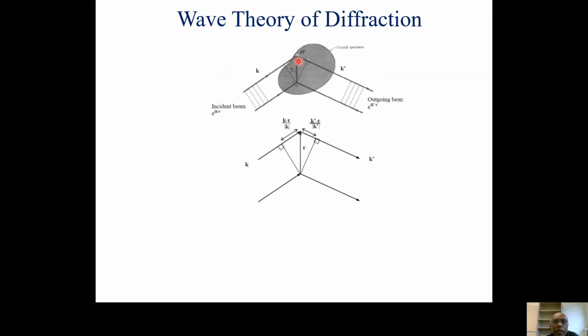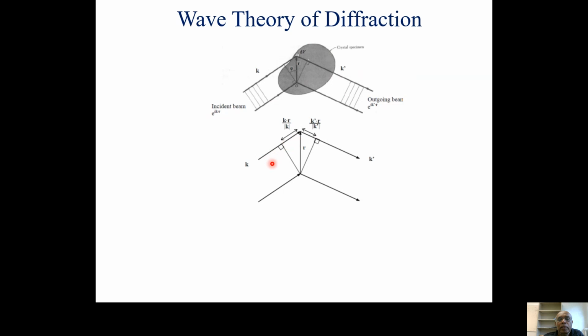Then if it gets scattered or diffracted, the outgoing one, which had wave vector k, now has a different wave vector k prime. Then you can write the wave as e^{ik'·r}, right? Now if you look at the path difference between these two, it is this distance plus this distance.